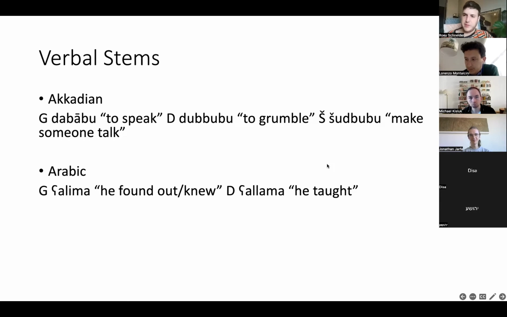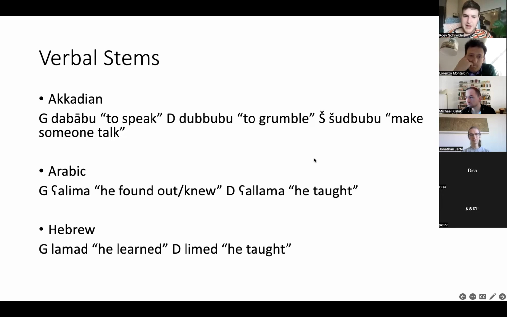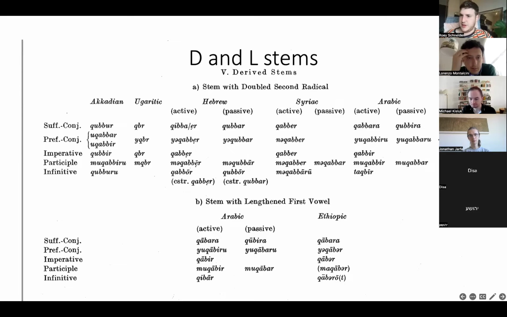In Arabic, for example, alima, to know, to find out, allama, to teach. Hebrew, lamad, to learn, limed, to teach. So yeah, I hope that was clear. This is another photo from Moscati's book, which gives a nice overview of the D and L stems.